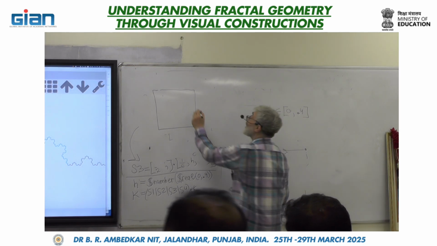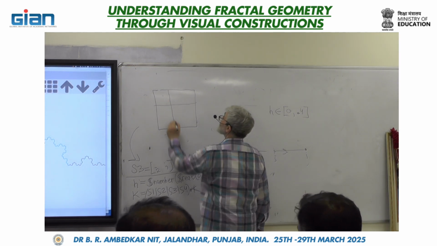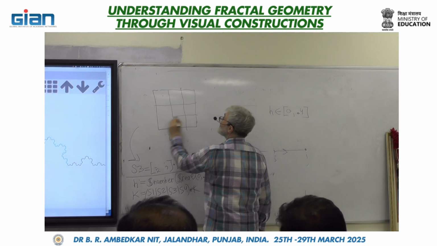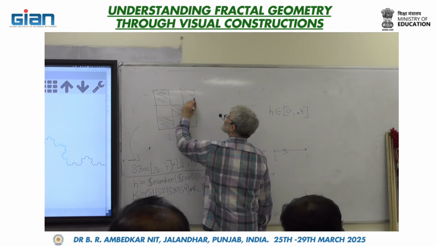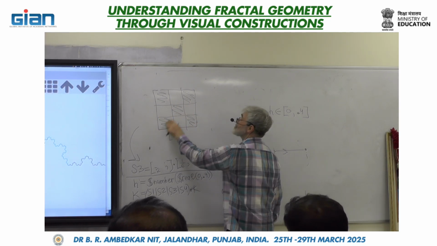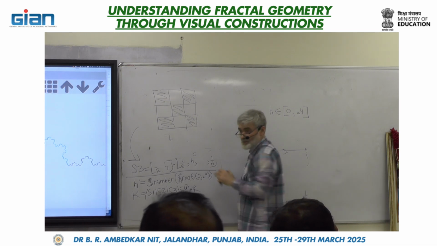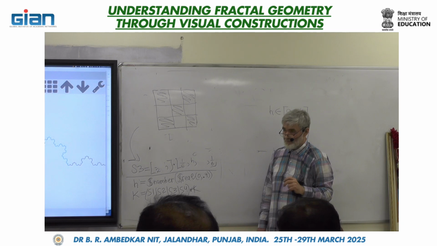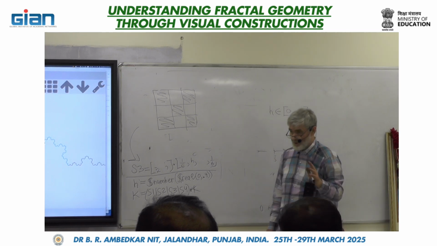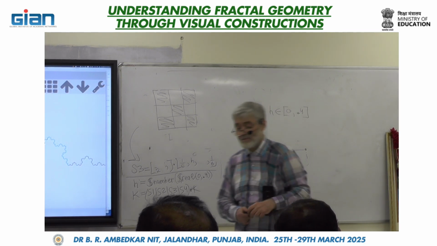Yes, we have a Vichik fractal. It is obtained by sending the square to these 5 smaller squares.